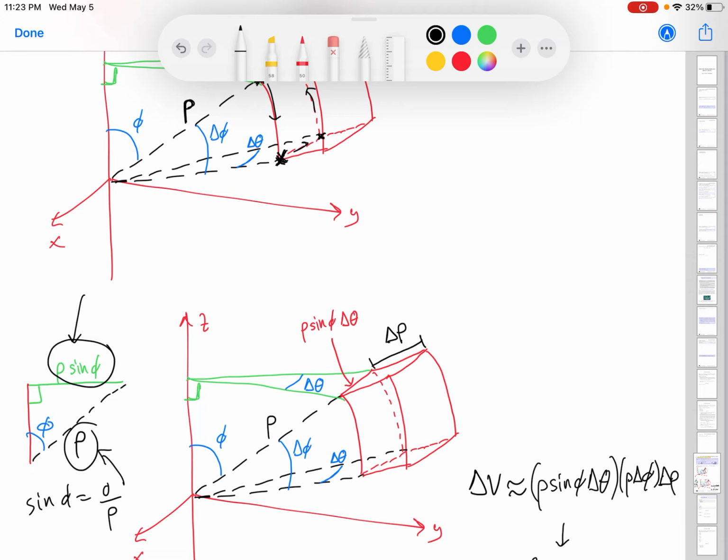If I solve for the opposite side in this equation, I get opposite equals rho sine phi. So that is why I've put a rho sine phi there, because that really is the length of that side of the triangle.